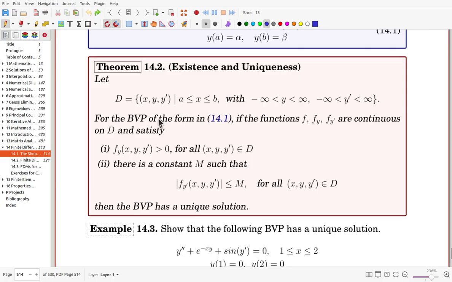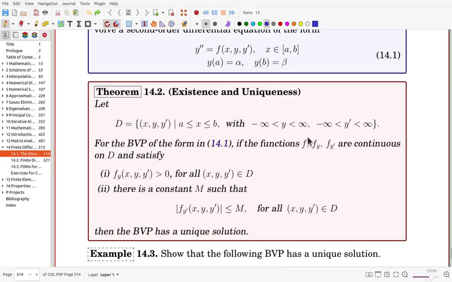For the boundary value problem, if the functions f, f sub y, and f sub y' are continuous and satisfy these two conditions, then the boundary value problem admits a unique solution.